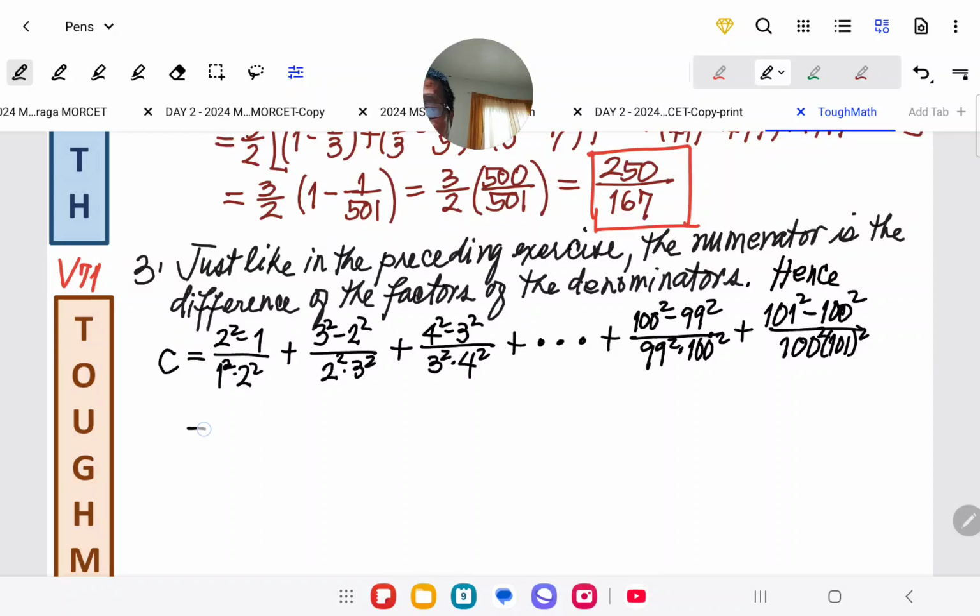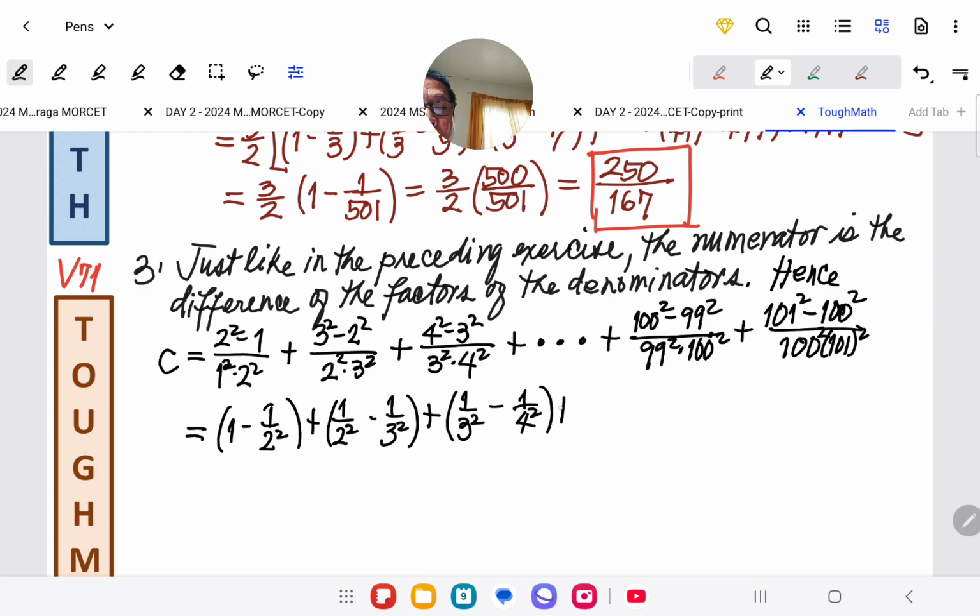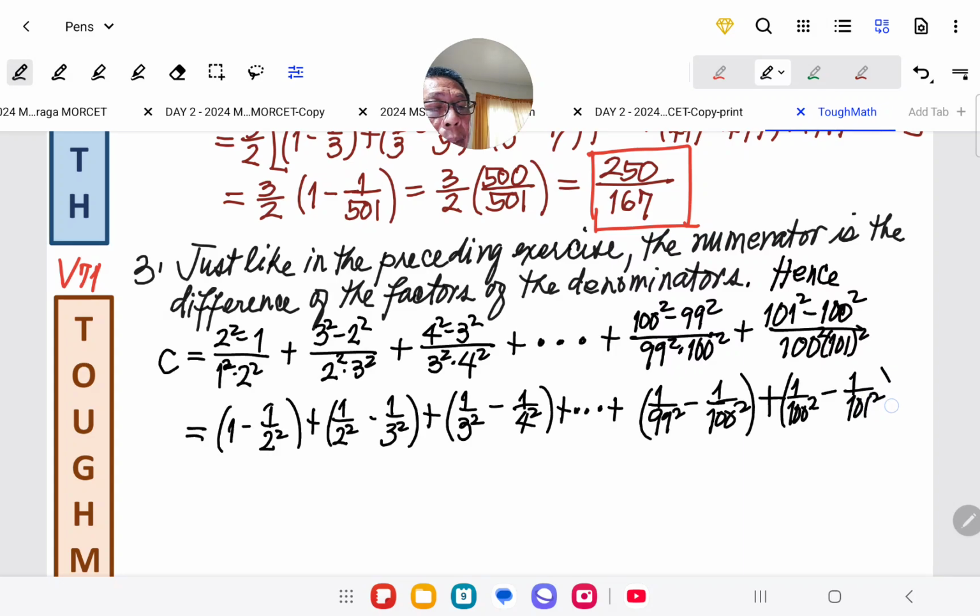And so we have 1 minus 1 over 2 squared plus 1 over 2 squared minus 1 over 3 squared plus 1 over 3 squared minus 1 over 4 squared, and so on, plus 1 over 99 squared minus 1 over 100 squared plus 1 over 100 squared minus 1 over 101 squared.